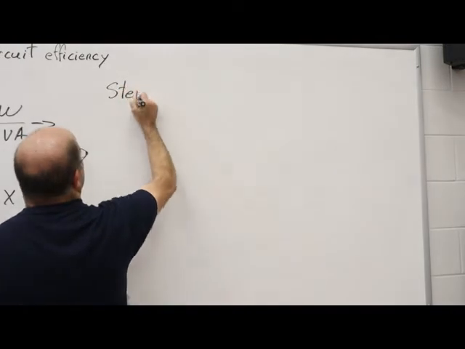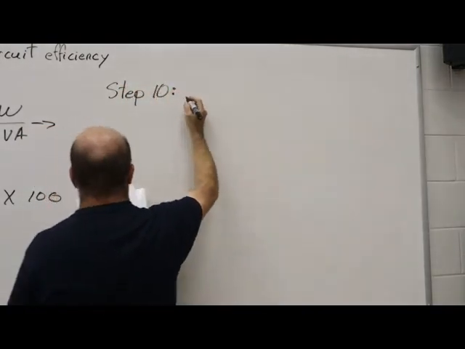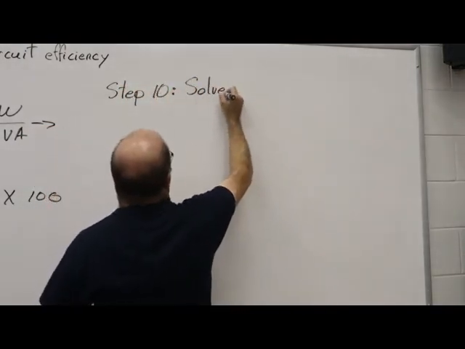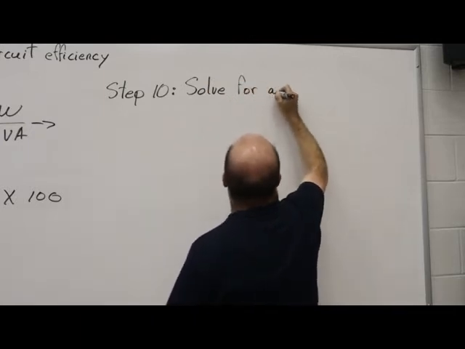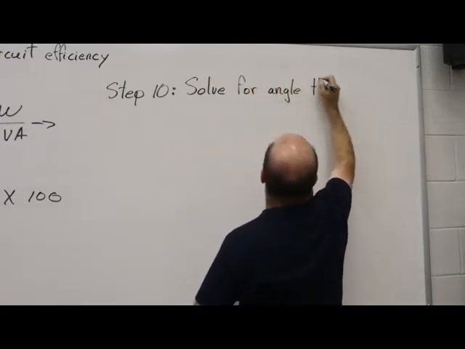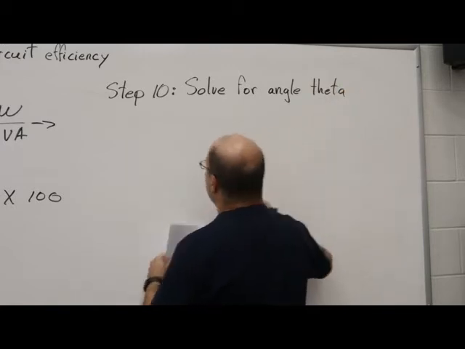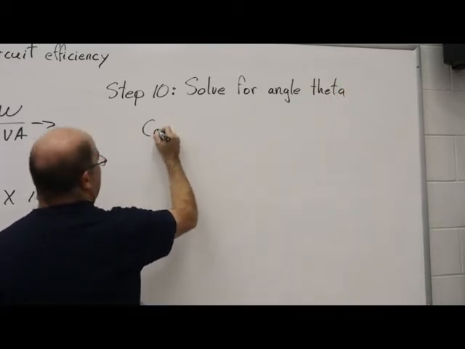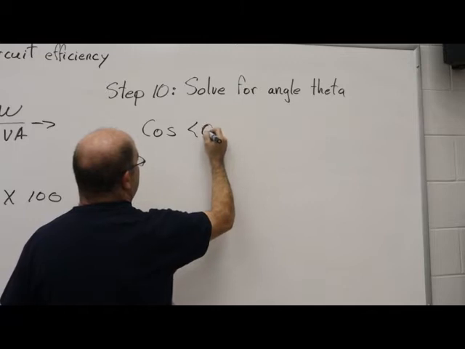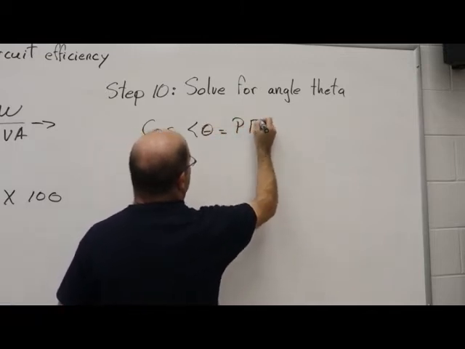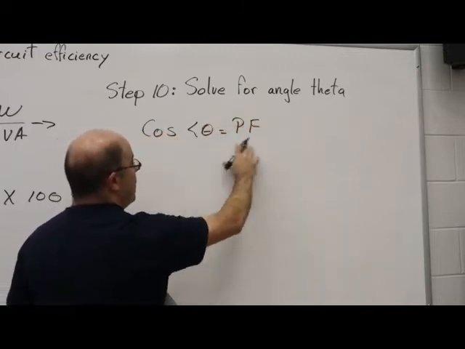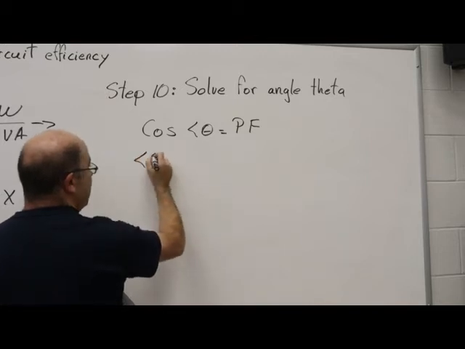Step 10. Solve for angle theta, which is the cosine angle theta is equal to your power factor. Of course, we've got to manipulate this. We want to isolate for angle theta.